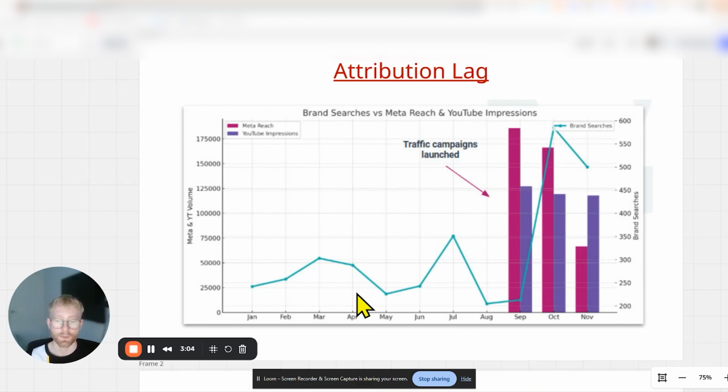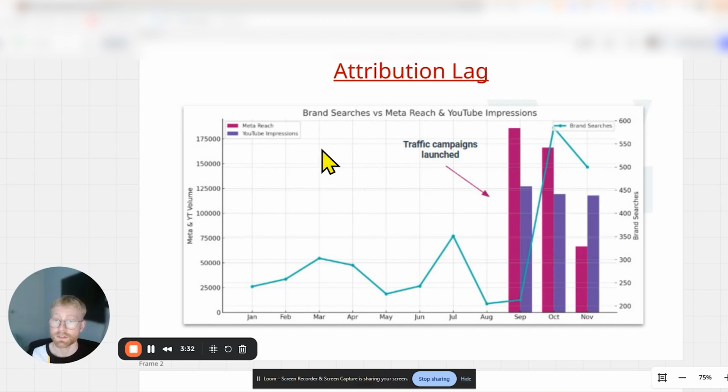What we're trying to see here is how long it takes for inbound searches for this particular brand name in Google to increase after we increase traffic or brand awareness campaigns across paid social channels. So that's what we're trying to measure here, right?